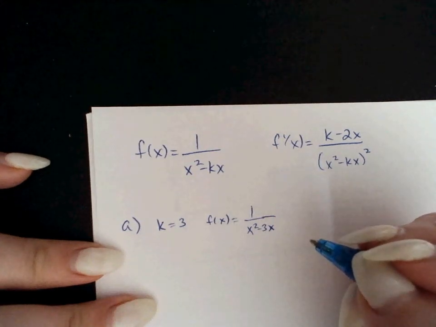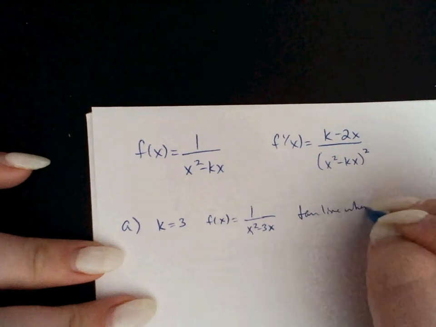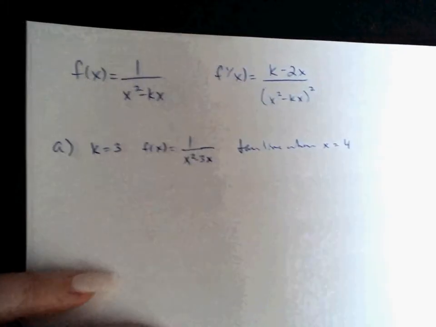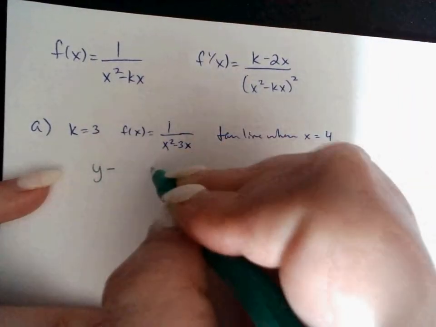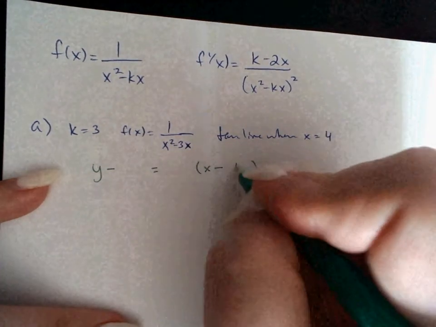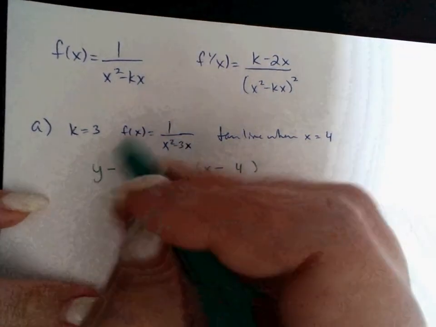Okay, write an equation for the line tangent to the graph of f at the point whose x coordinate is 4. So tan line when x equals 4. Okay, so y minus, and then x minus, x equals 4.